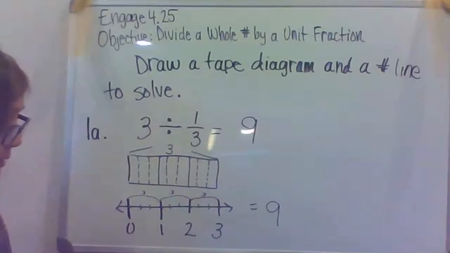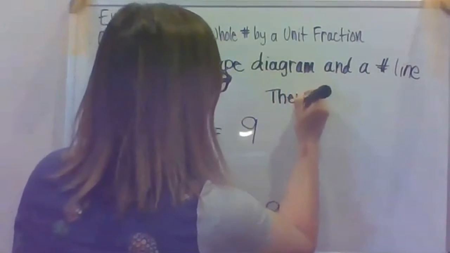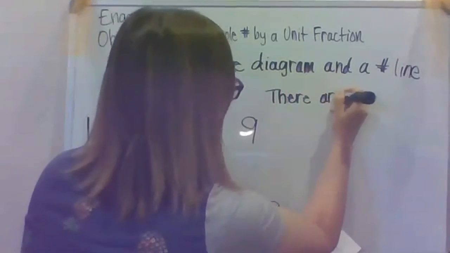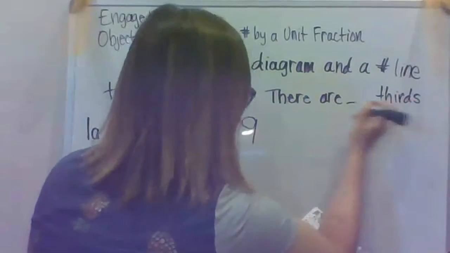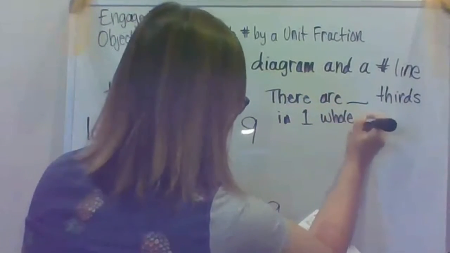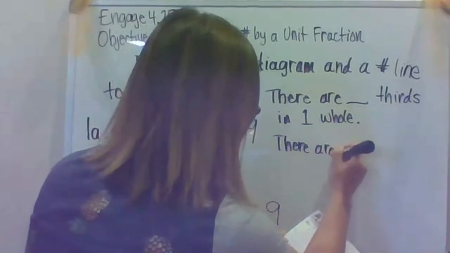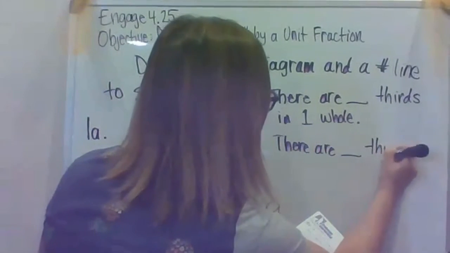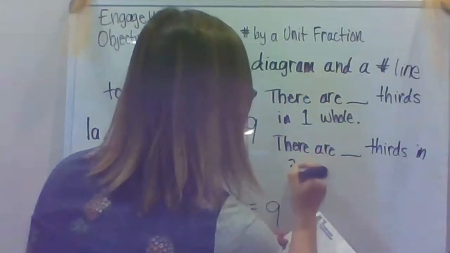Okay, also on this lesson, they're going to have you fill in some sentences. So it will be like, there are blank thirds in one whole. There are blank thirds in 3 wholes.